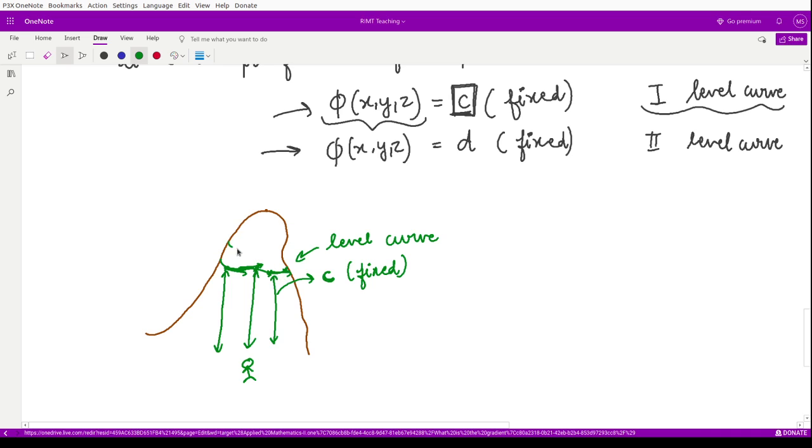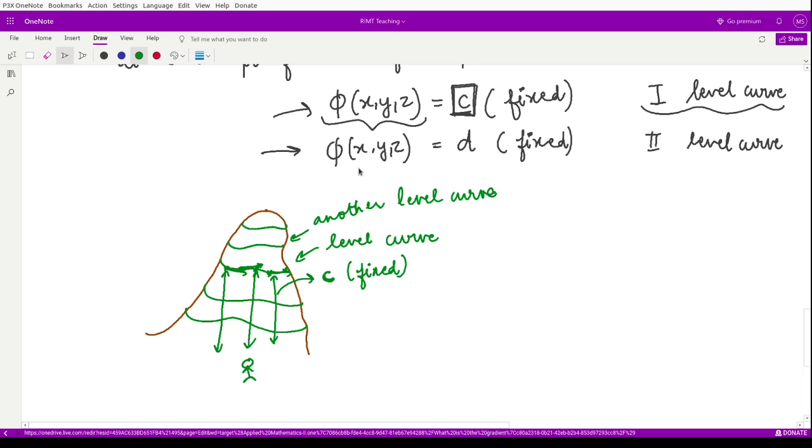Similarly, you could have another level curve here of this kind, such that its distance from the ground will be the same along it, but different from the previous curve, right? So this is another level curve. According to this level curve, you have another direction. On this mountain, you could have numerous level curves of this kind. So I hope you understood the concept of the level curve.